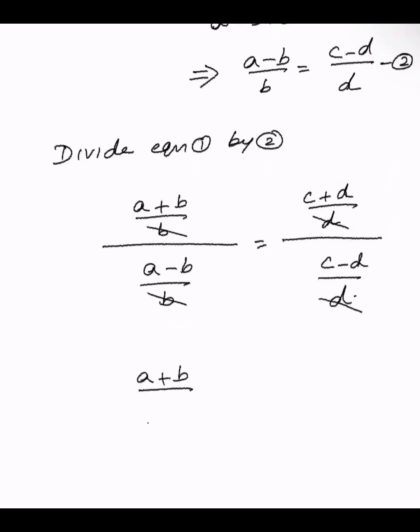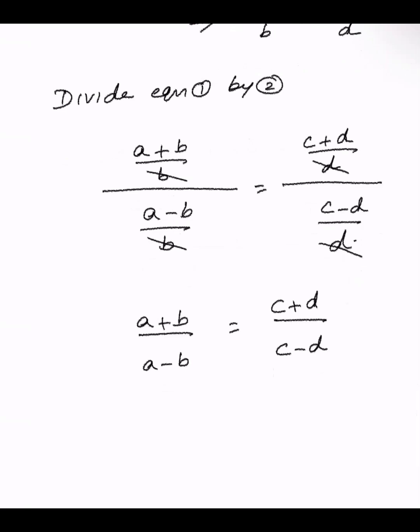A plus B by A minus B is equal to C plus D divided by C minus D, which is nothing but A plus B is to A minus B equal to C plus D is to C minus D. So this is called componendo and dividendo property, and this is very important. Most of the problems we are going to solve using this property.